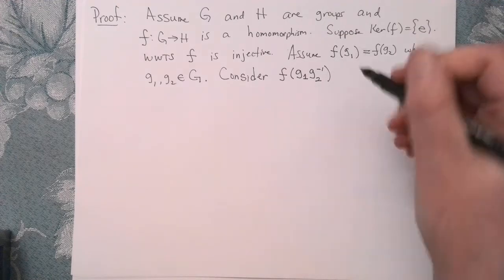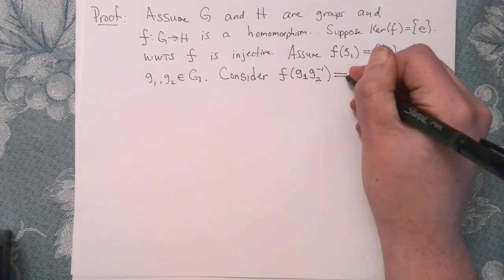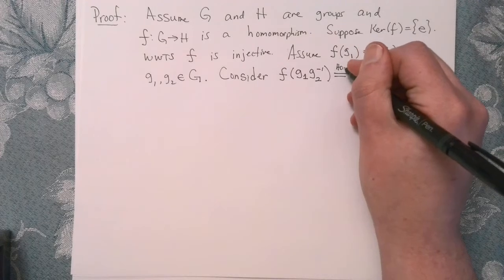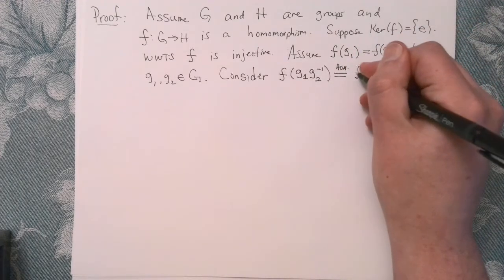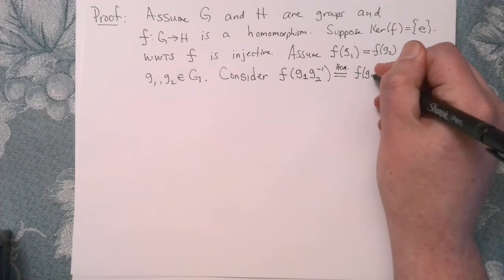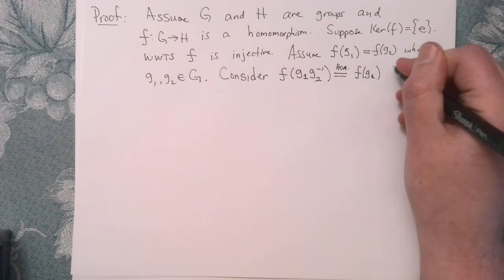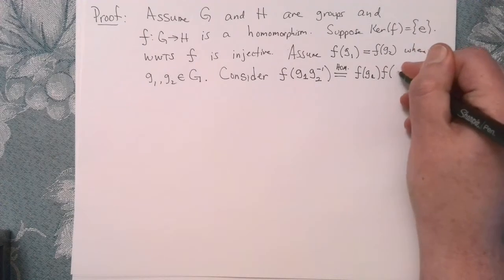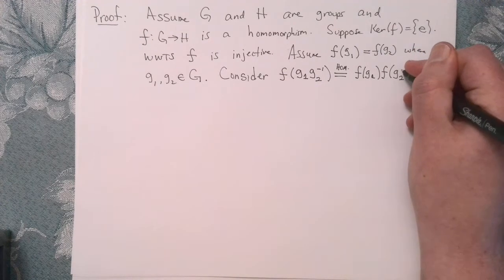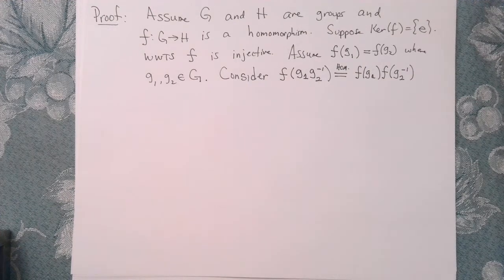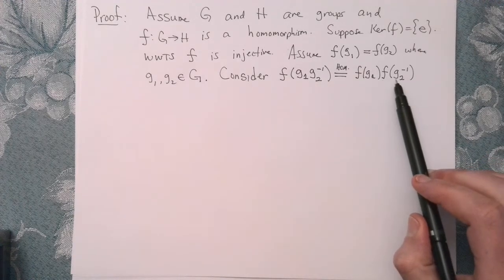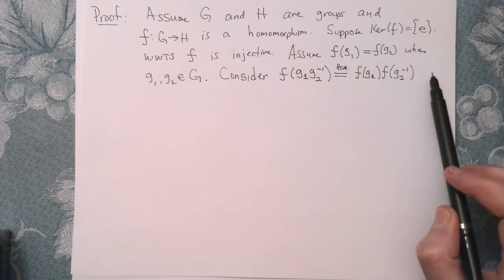Well, since f is a homomorphism, we have f of G1 times f of G2 inverse. Okay, so now we want to think about a property of homomorphisms, that a homomorphism will send an inverse element to the inverse, right?